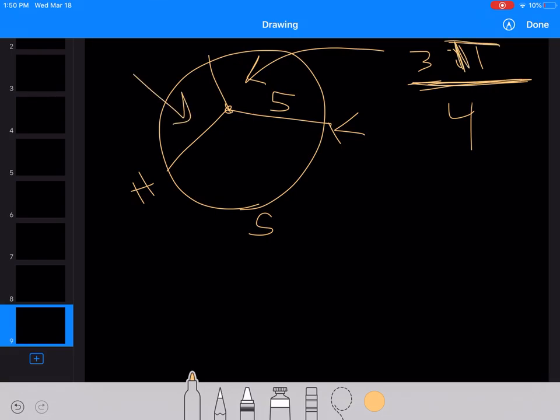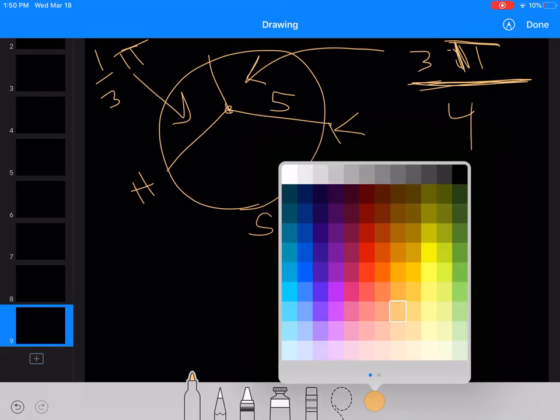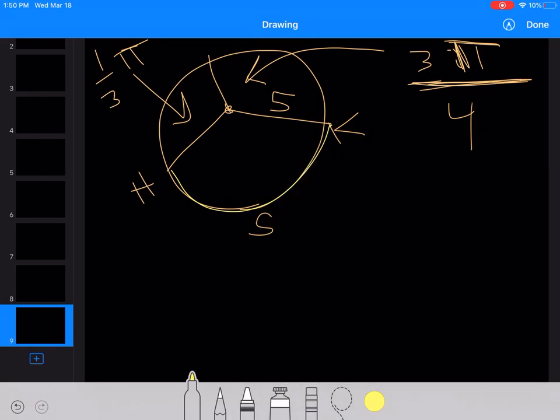That one was 1/3 pi. Okay, so we want to figure out this length S here, so we'll do it in a different color. Let's figure out what that length is, S, which is the HK. So we need to find the central angle of HK. So we want to measure HK.